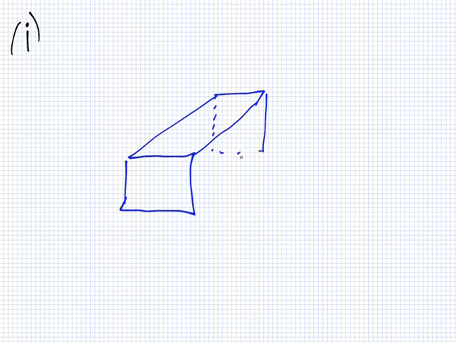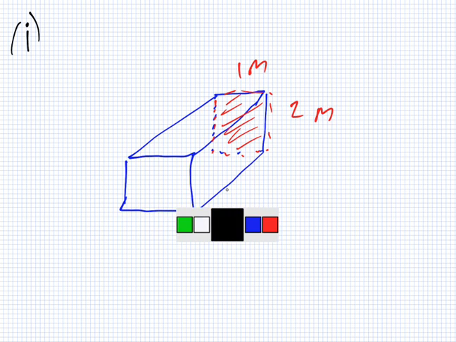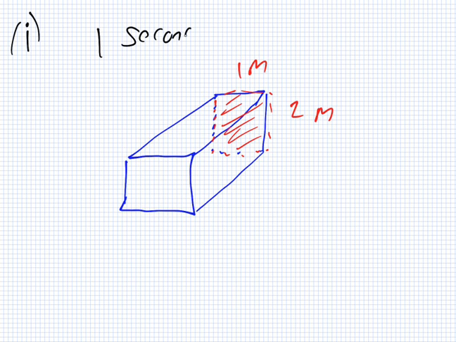Blue for air. Okay, so here is the face of the sign. Now this sign is 1 meter here, 2 meters here, and what's happening in 1 second, all the air in front of it for a distance of 4 meters hits the front of the sign.